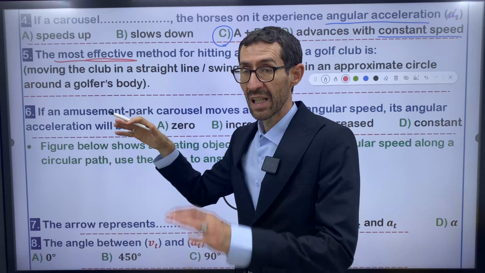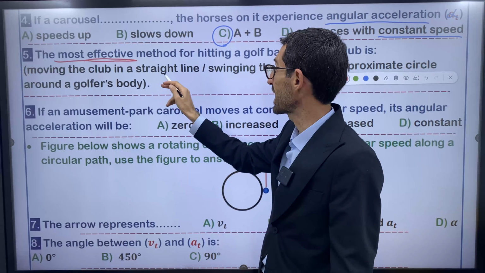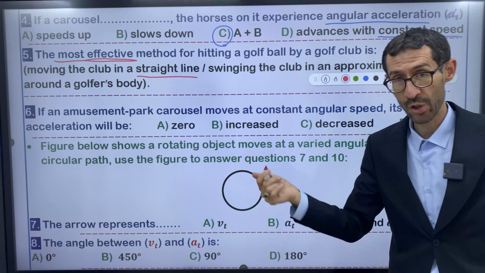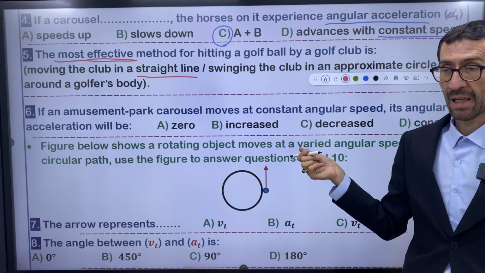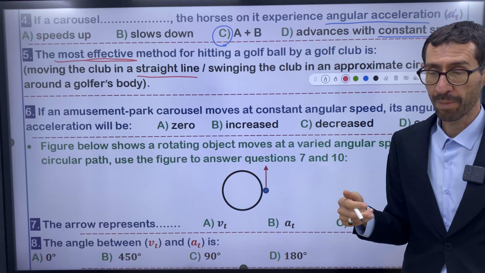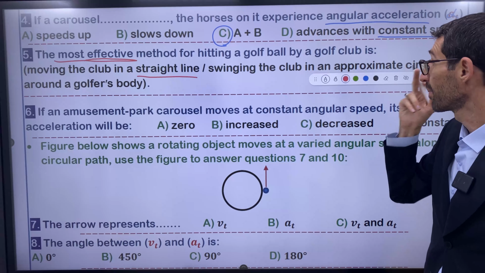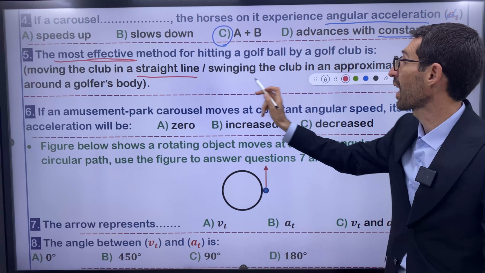I gave you two options actually in this question. Moving the club in a straight line, normally in a straight line, just as a golfer strikes the golf ball normally with a straight line, or swinging the club.